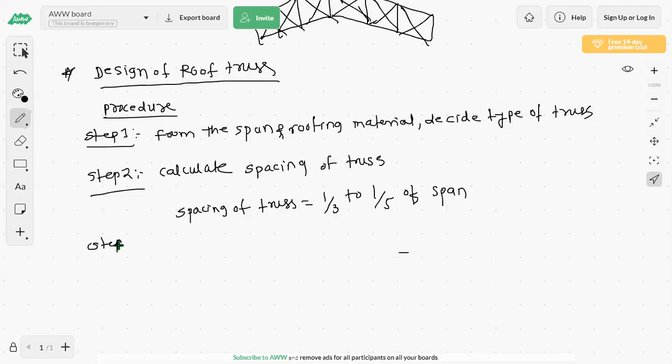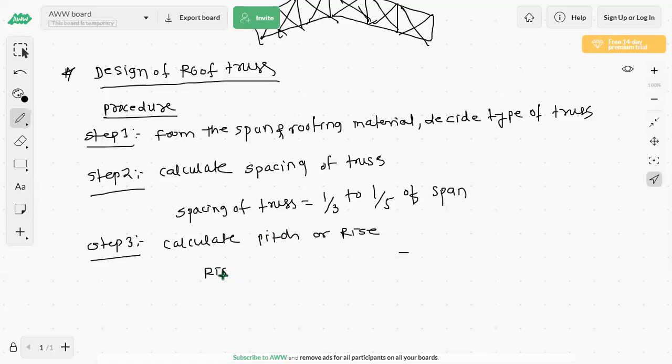Then step 3, calculate pitch or rise. So how to calculate pitch or rise?